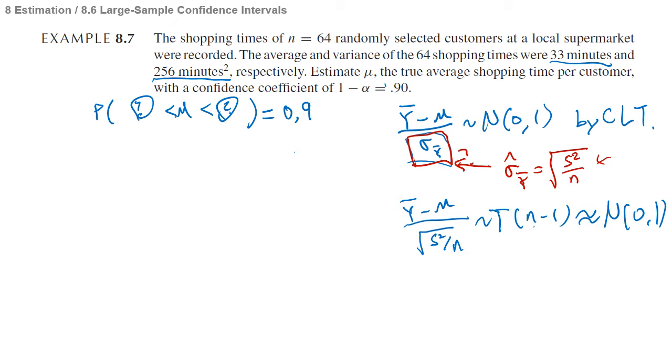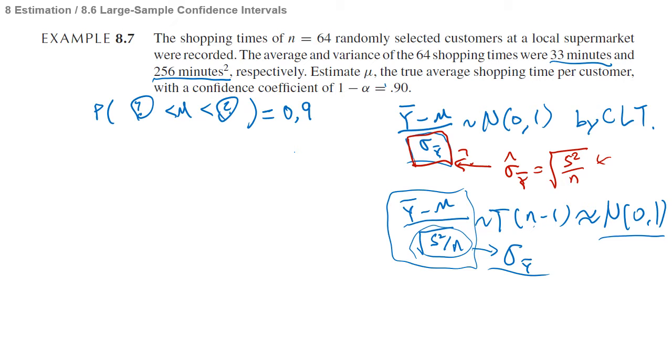This is because as n goes large, this thing converges in probability to the standard error of y bar. So this can be approximated by the normal distribution when the sample size is sufficiently large, which is our case.